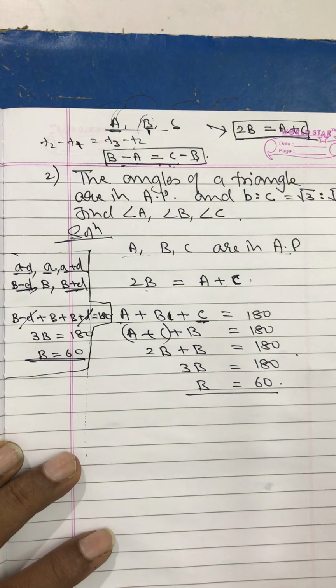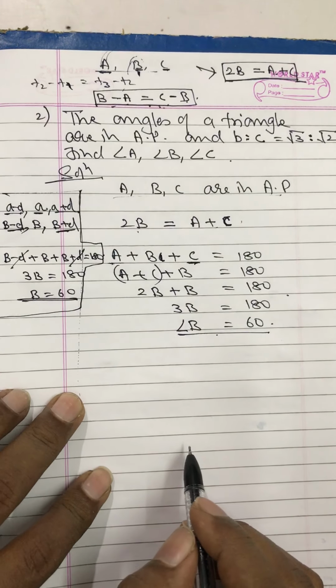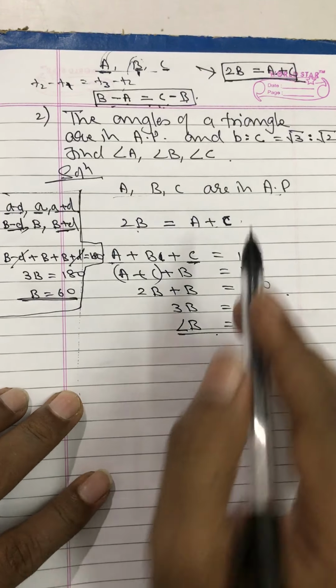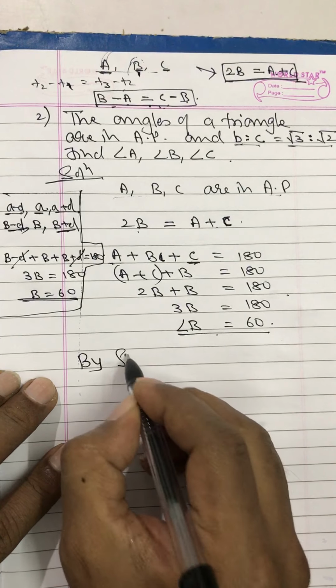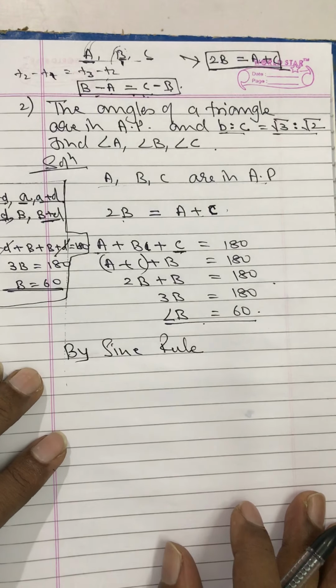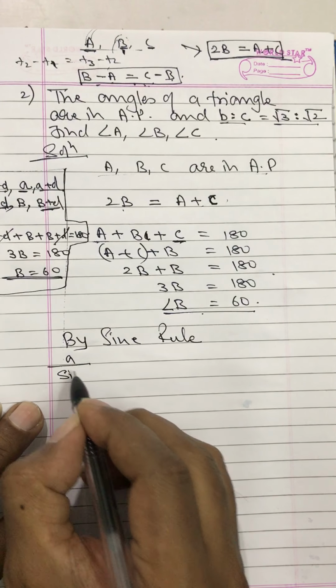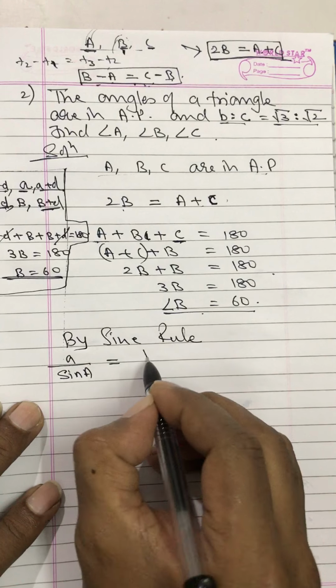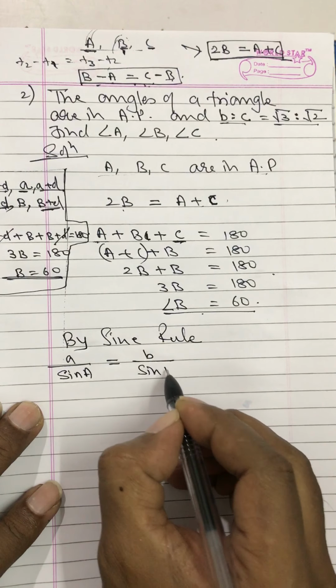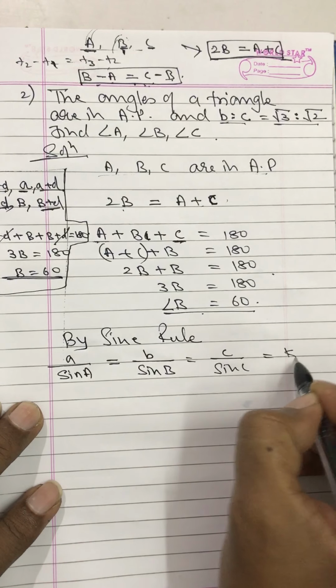Now next, I have got angle B is equal to 60. Now I have to use this b is to c. So by sine rule, what do I get? A upon sine A is equal to b upon sine B is equal to c upon sine C is equal to k.